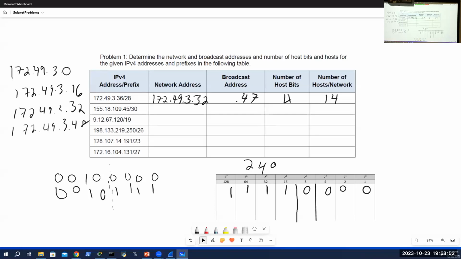Remember, you only subtract the 2, the network ID and the broadcast, when we're talking about hosts per network, that is, host bits.